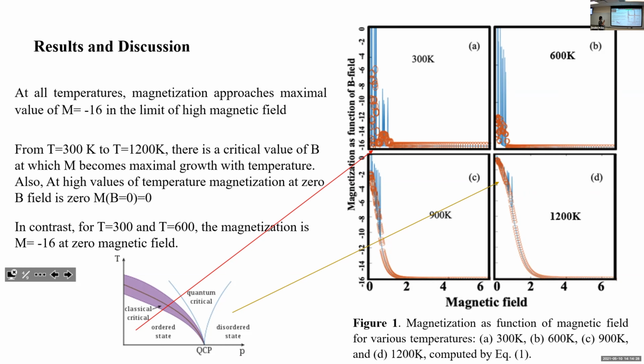Also, at high temperature, the magnetization at zero magnetic field is zero. In contrast, for the temperatures 300 and 600, the magnetization is minus 60 at zero magnetic field. The A image corresponds to the ordered state, and the D image corresponds to the disordered state.